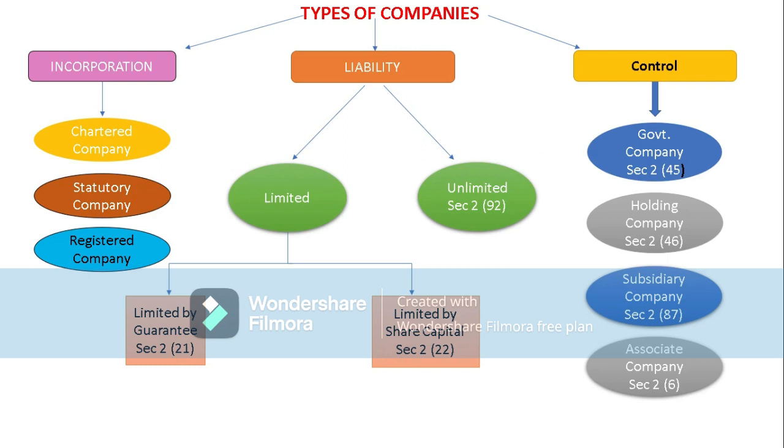At the time of winding up of the company, the member will guarantee some amount that he will pay. It will not depend upon the share capital of that member, but only upon the amount he has guaranteed to pay in case of the company's winding up. So only that guaranteed amount he has to pay.